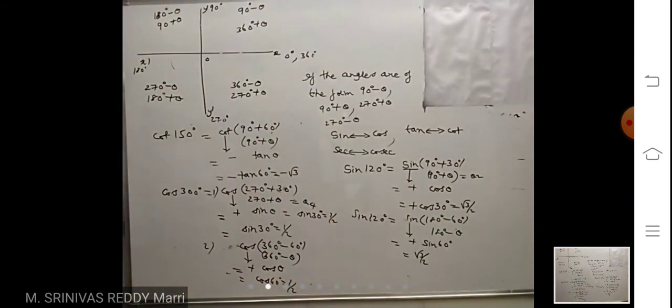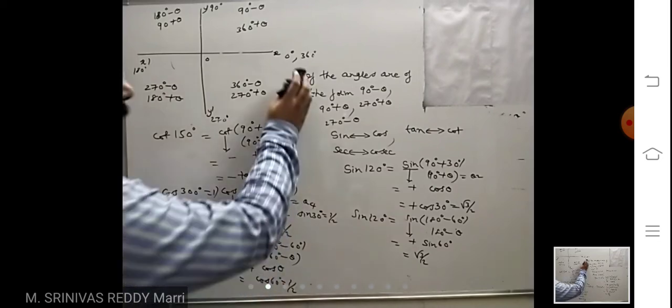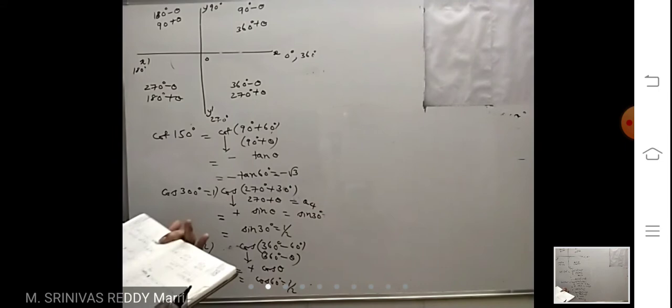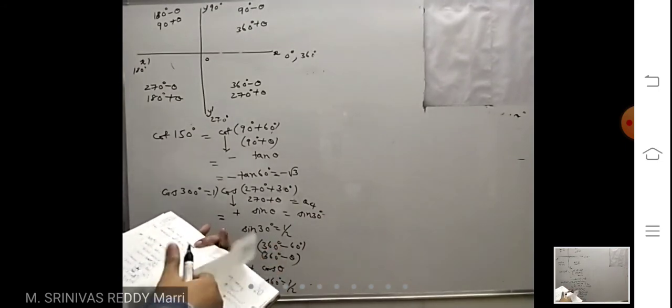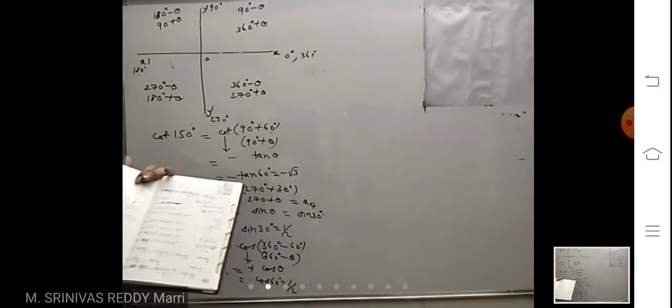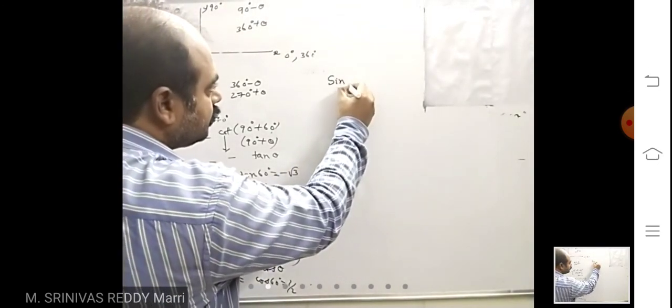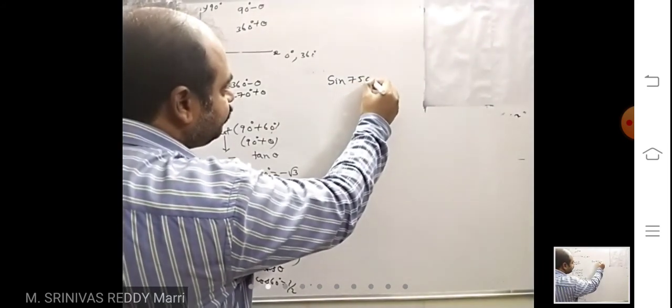Suppose higher angles are there, look at sine 750 degree.